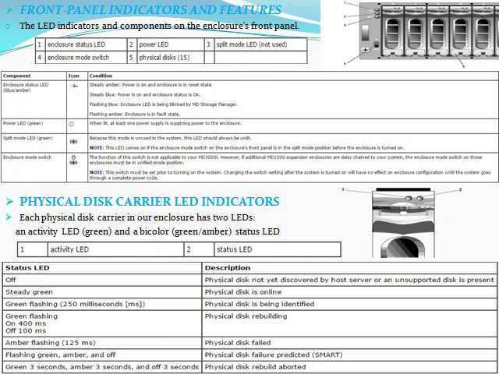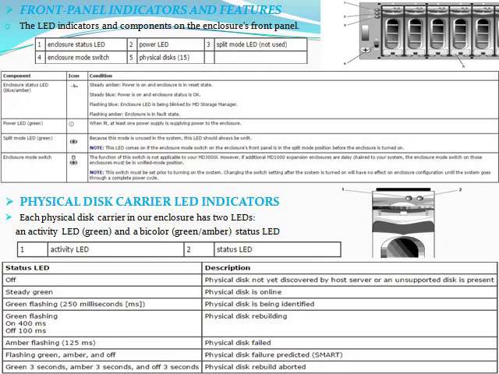If it is steady green, the physical disk is online. If it is flashing green, the physical disk is being identified. If the status LED is flashing green for 400 milliseconds and off for 100 milliseconds, then the disk is in rebuilding state.